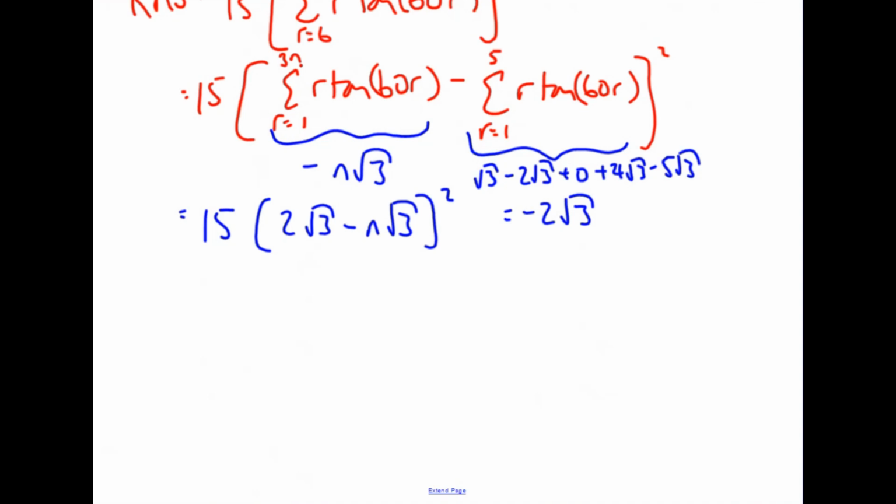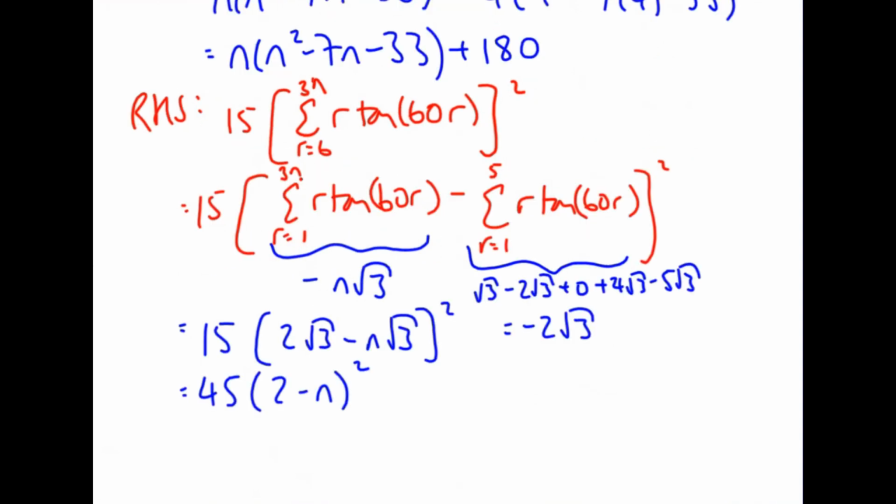So we've got minus, which makes this one positive. I'm going to factorize out the root 3, so factorize out the root 3 and square it. Need to pull 3 out to the front. 45, and I've got 2 minus n squared. And I am going to leave that.